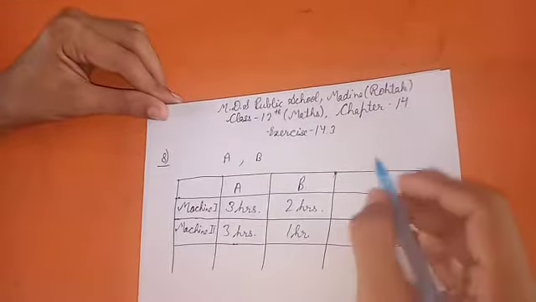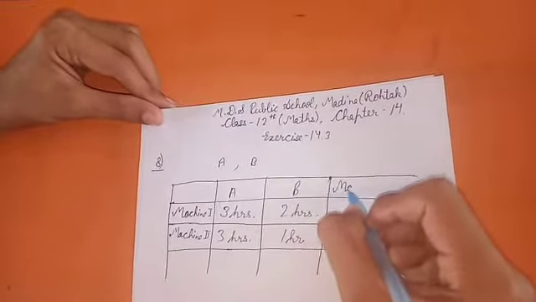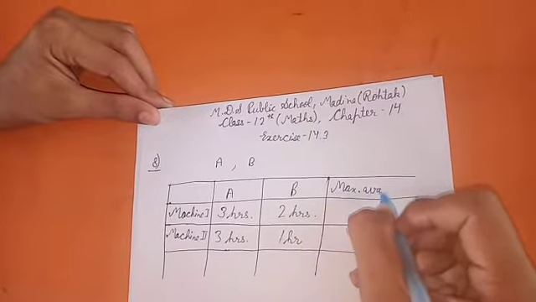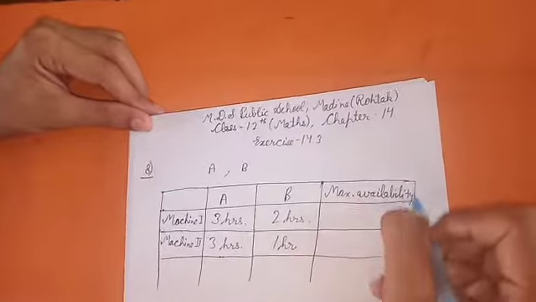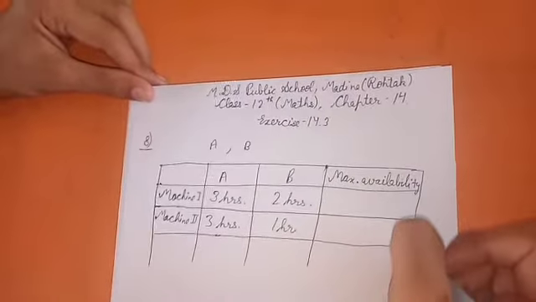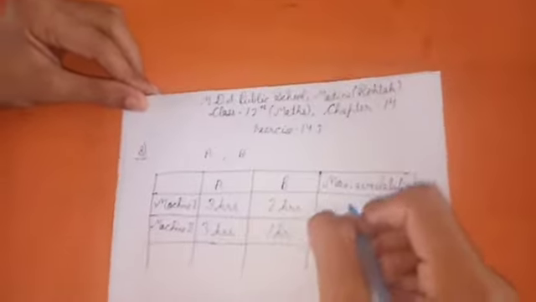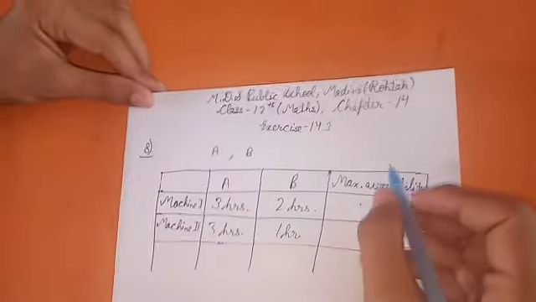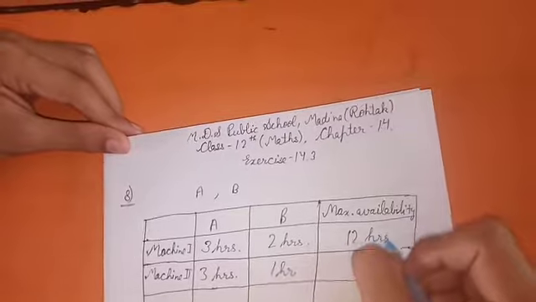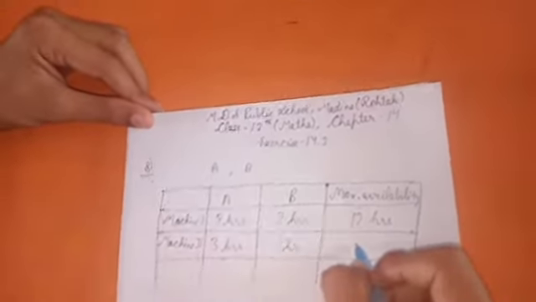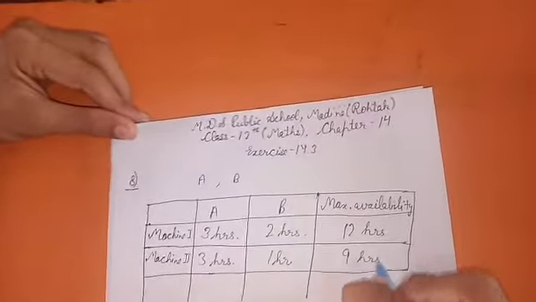Also they have told the maximum availability of machines. That is 12 hours for machine 1, and for machine 2 it is 9 hours.